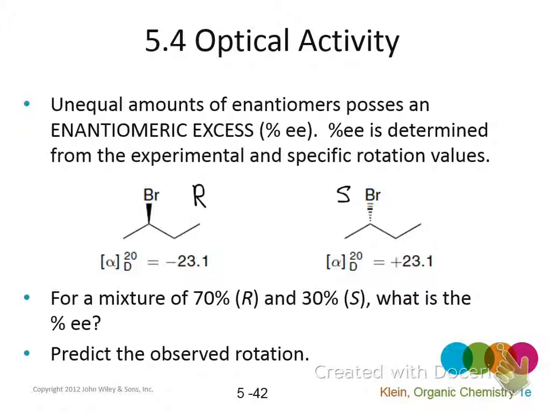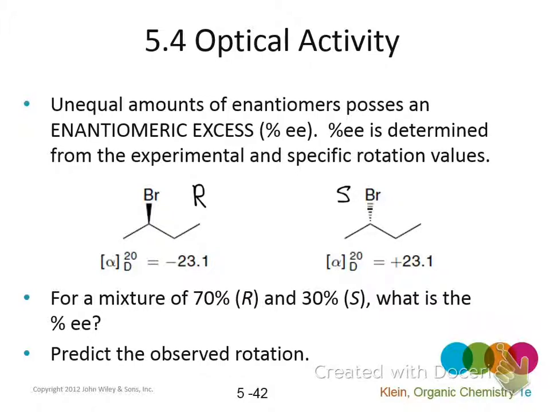The pure S, which is the positive rotation in this case, causes a 20.3 degree rotation to the right. That's the specific rotation. So that's what these numbers are, the specific rotations. Generally I just have to tell you this is the specific rotation. So that's for the pure substance, okay?